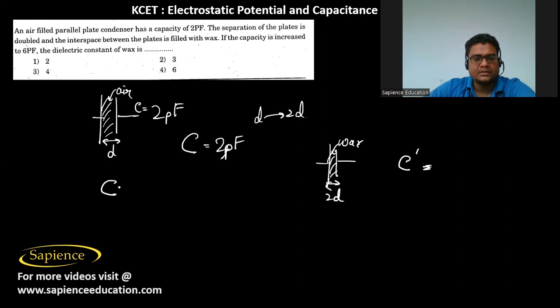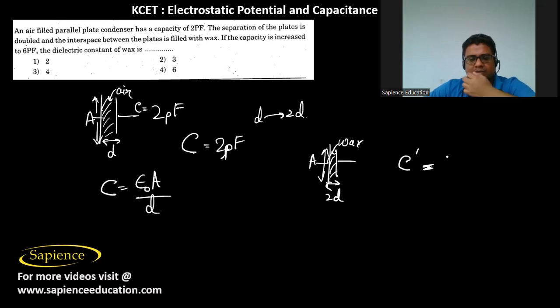Here C will be equal to epsilon naught A by d, if A is the surface area of the capacitor plates. Then C dash will be equal to K into epsilon naught A by d, where K is the dielectric constant.